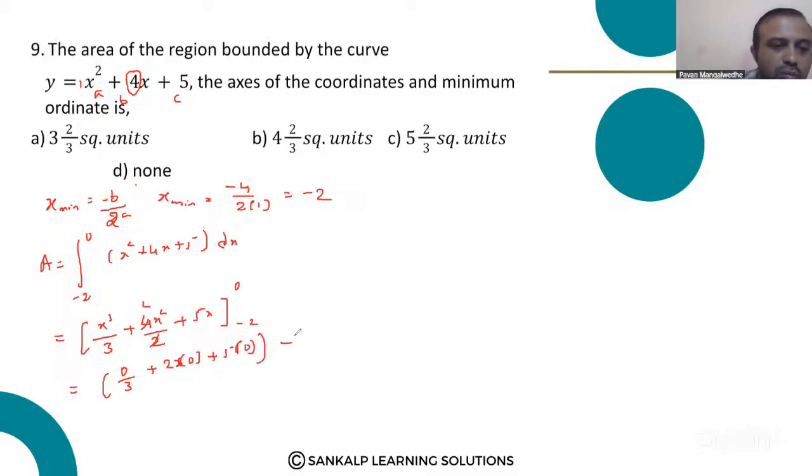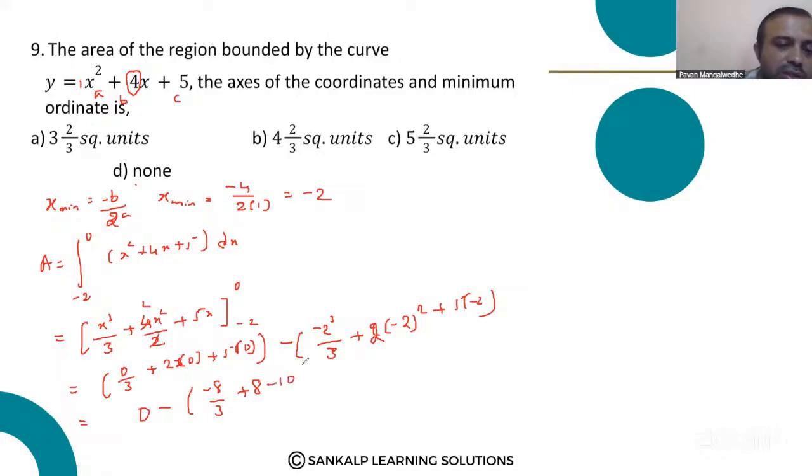So minus 2 cube by 3 plus 2 into minus 2 square plus 5 into minus 2. The first part becomes 0 minus: minus 2 cube is minus 8 by 3, plus 2 into minus 2 square, which is 4, 4 into 2 is 8, then 5 into minus 2 is minus 10.